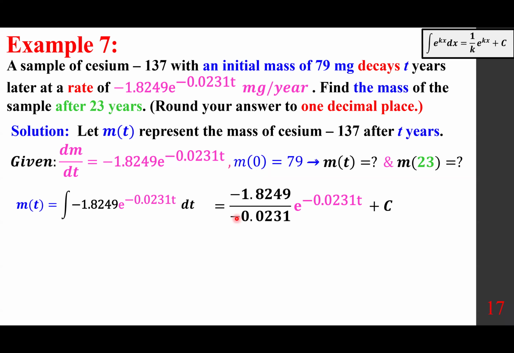You put this into a calculator and m of t becomes 79 e to the power of negative 0.0231 t and a constant. So that's a general solution.